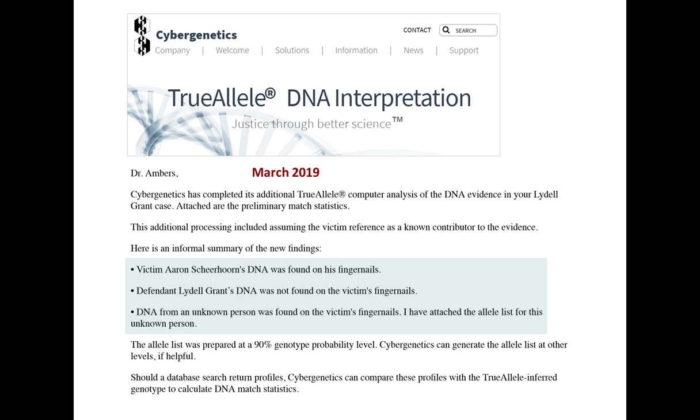And then they go on to state DNA from an unknown person was found on the victim's fingernails, and they, again, subtract the victim's DNA profile out of the mixture because you know that person's DNA is in the mixture. And the software program essentially deduced the alleles that are in the DNA profile of the foreign contributor.